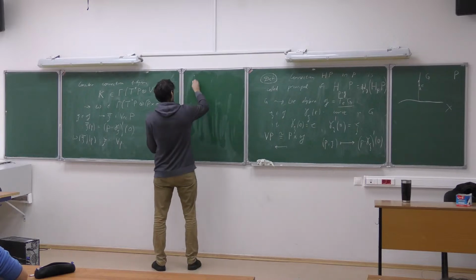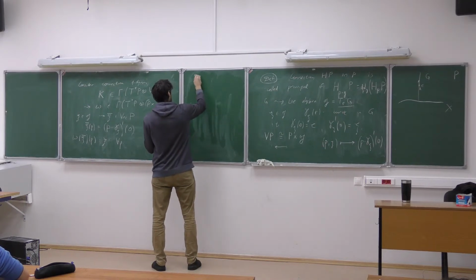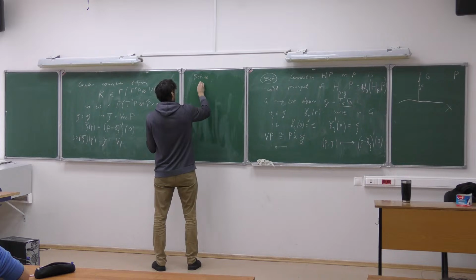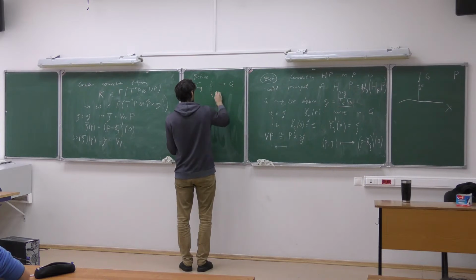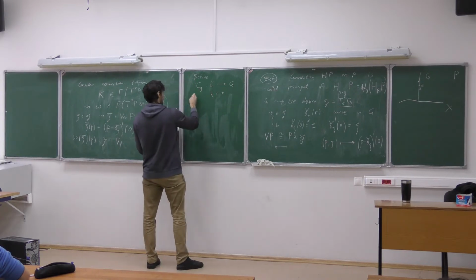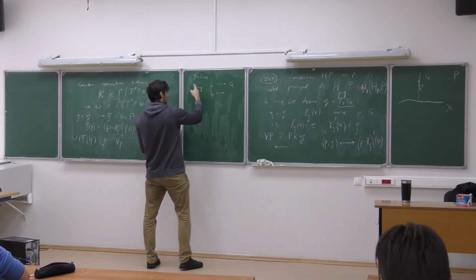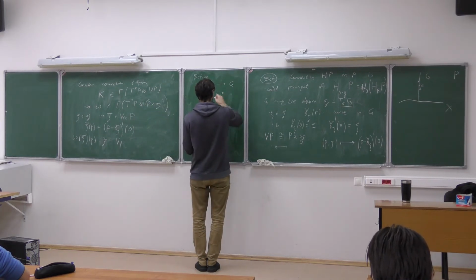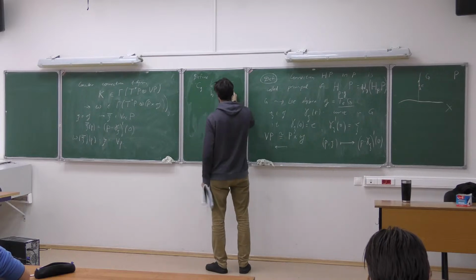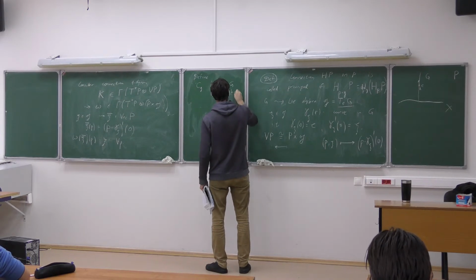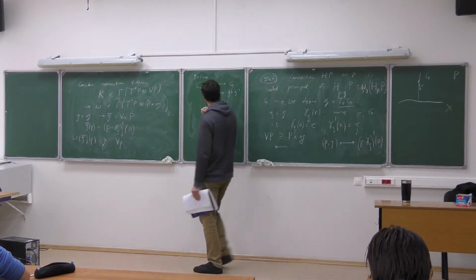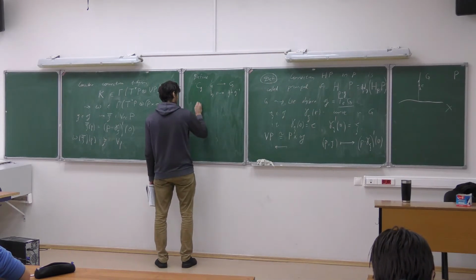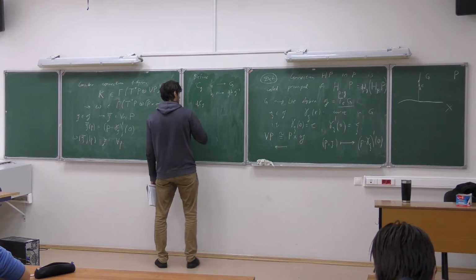So first, I define this map, which is just conjugation. This is from G to G. So I take element H, and this is for any G, another element of the group. So this is just conjugation by G. Then this is a smooth map. I can take the differential of it at identity.